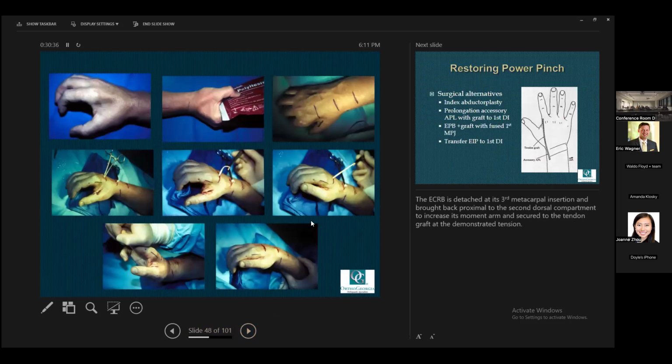And, you know, this is just a case on the table. There's the Froment sign. And you can see after this tendon graft is inserted, the adduction closing the first web. You can see I was going to do a first DI transfer as well.